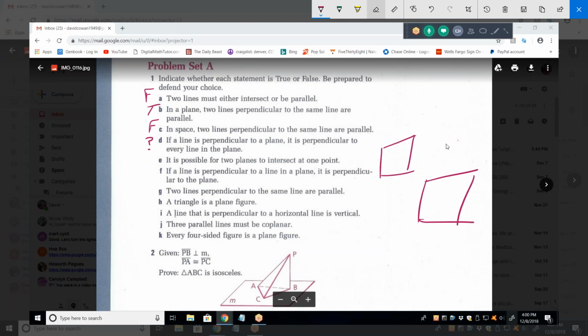Well, how about if I draw those two planes like this? Aren't those two planes intersecting at exactly one point? They're corners? Even if you took this plane and moved it up so that you could intersect at that point, it would still be.